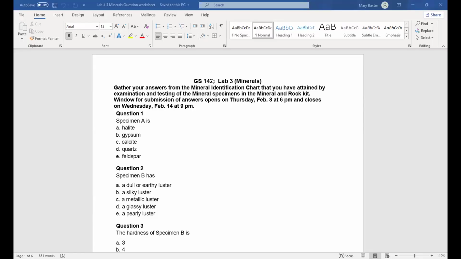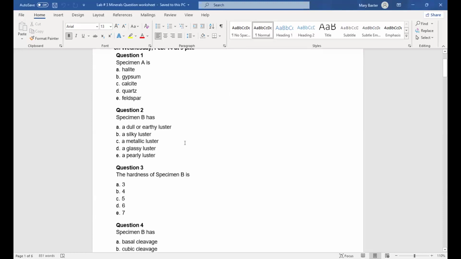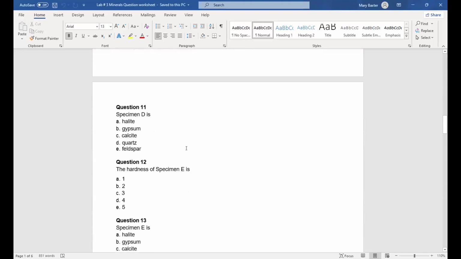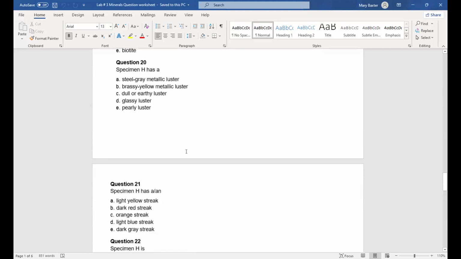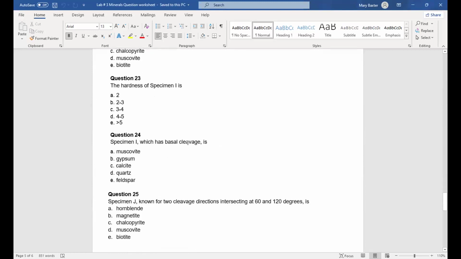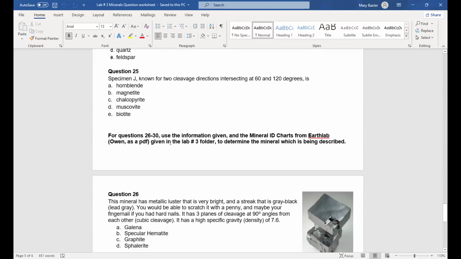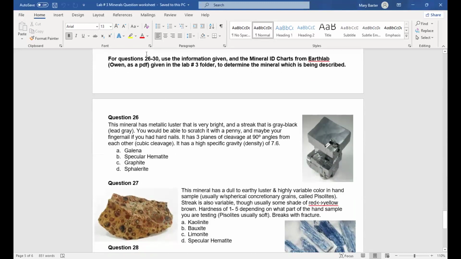All right. And then the last thing, if you've got that chart filled out, I'm going to go real quick through the question sheet, where you put the answers that you've decided on from comparing your specimens to your mineral charts, in a quiz format. That's questions 1 through 25. And then for 26 through 30, you're going to use those mineral charts in the Lab 3 folder.